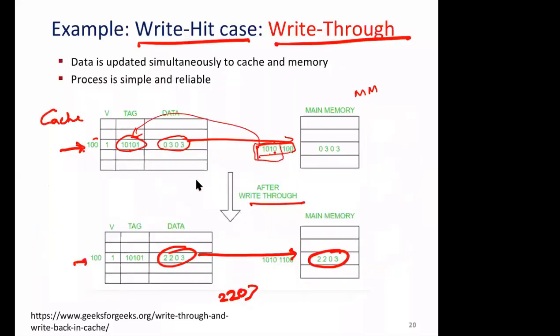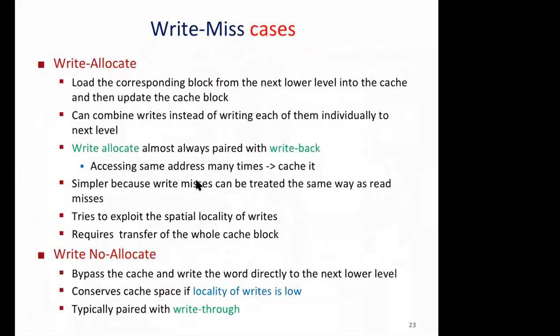So the first option is write allocate: load the corresponding block from the next lower level into the cache and update the cache block. It means that if it's not there, go to the lower level, where it is available, because the lower layer is bigger than the higher layer. So you bring it from the lower layer. If it's one level of cache, then bring it from main memory and then update it.